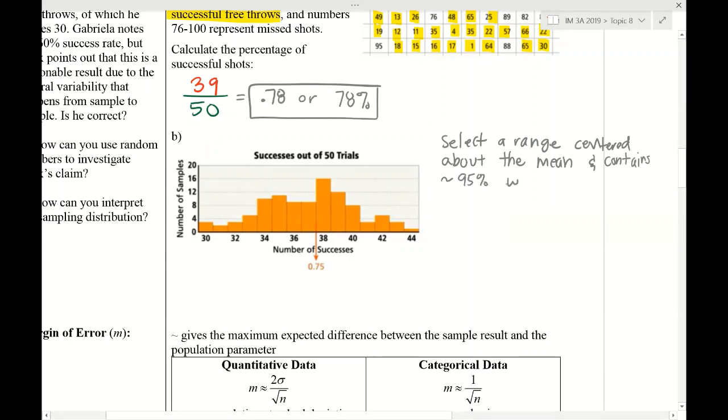Since we have 50 trials, that's about 47. So where can I find 47 results? That's going to create my reasonable range.